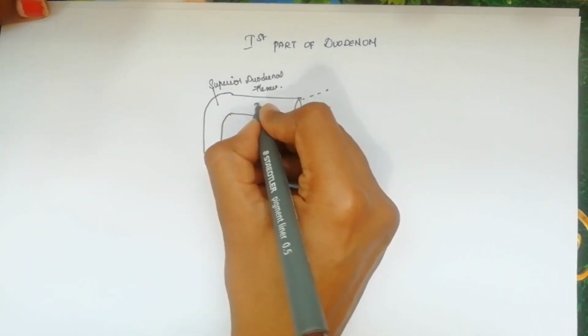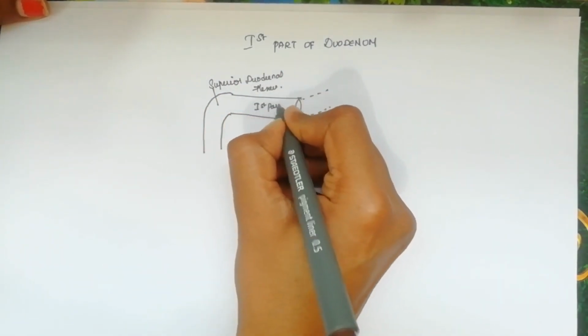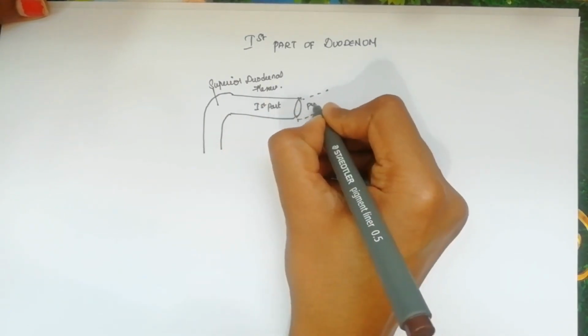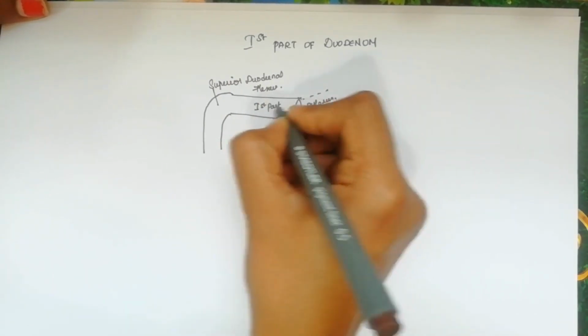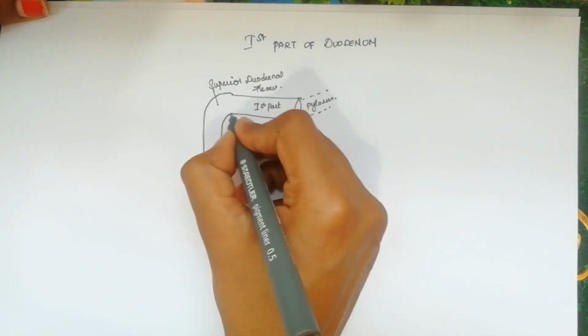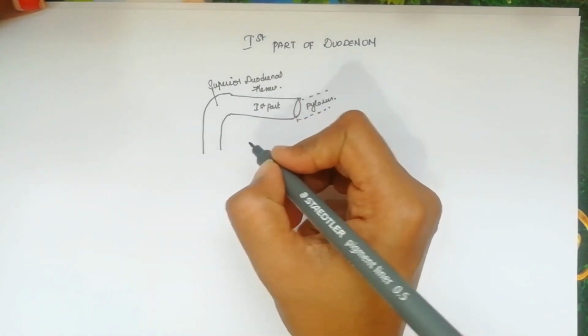So the extent of the first part of the duodenum is from the pylorus of the stomach to the superior duodenal flexure.